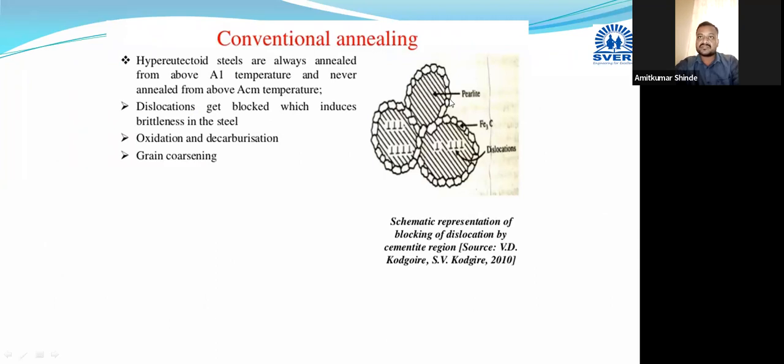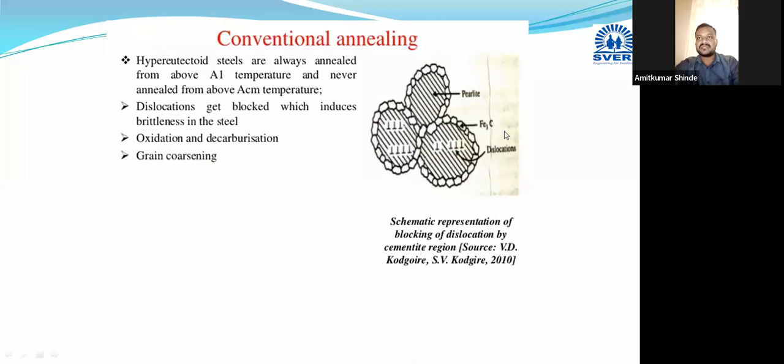This is proeutectoid cementite, and whichever austenite is there gets transformed to pearlite and gets entrapped in those cementite boundaries. And what will happen due to this? Whenever load is applied, the dislocations are blocked. Load cannot be distributed, hence the brittleness of the material is increased.